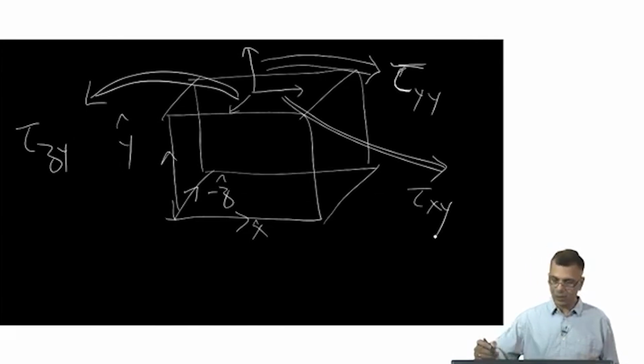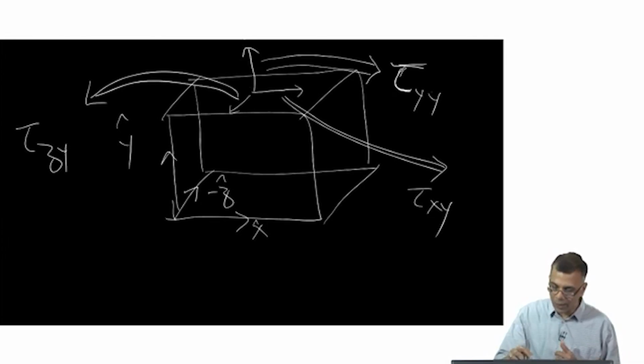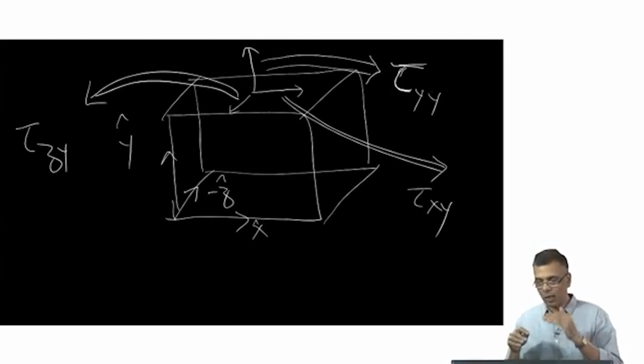What this means is the second y, this y here, denotes the direction of the outward normal of the face you are talking about. That is why you have a y here and you have y here also. Whereas the first y here denotes the direction of the force. So, this is a force acting in the y direction on a face whose outward normal is also in the y direction.